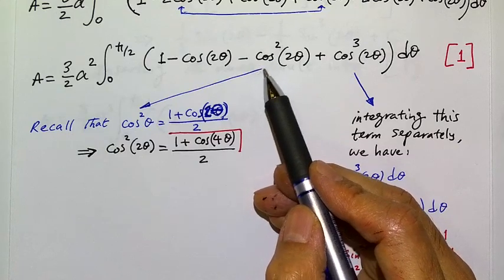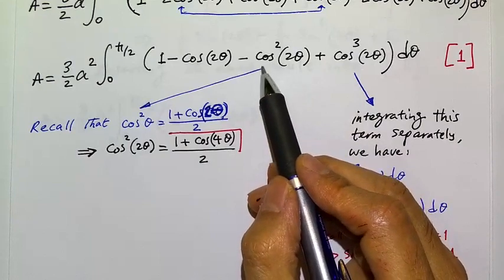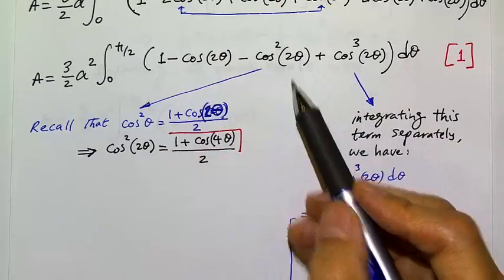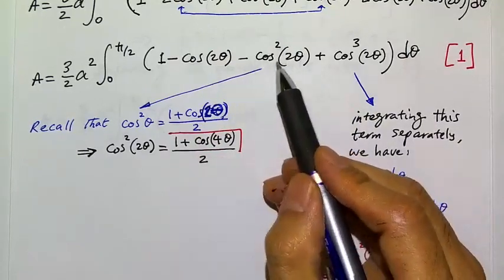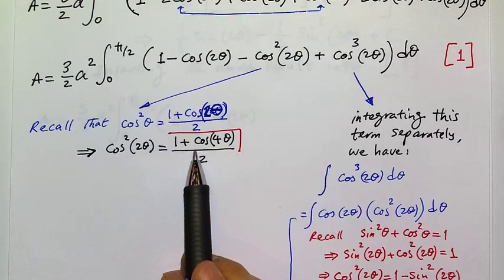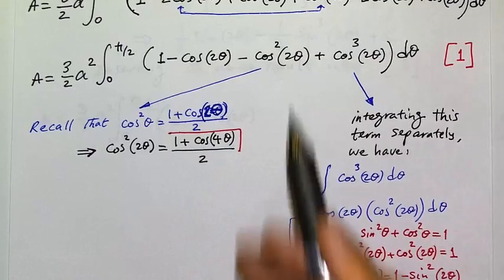Yeah, I want to, maybe I should do that. So we have these two results. Instead of that, I'm going to put in this expression, 1 plus cosine of 4 theta over 2, instead of all of that.